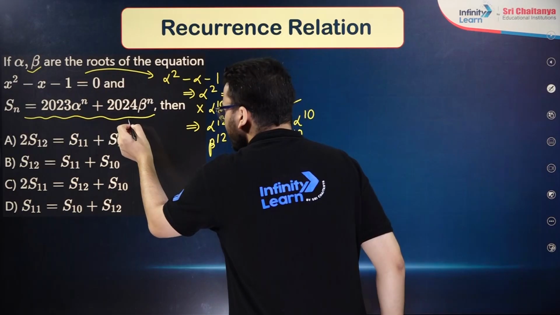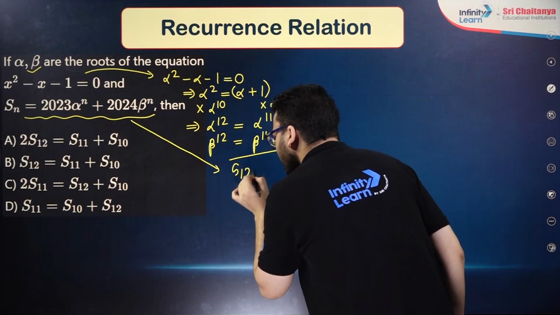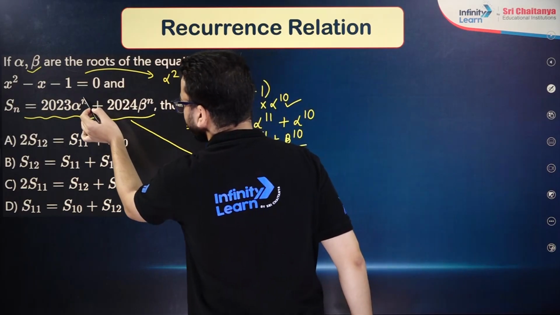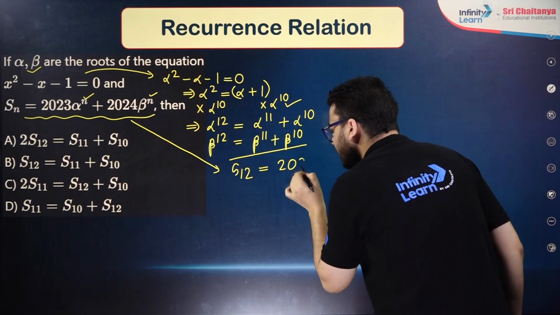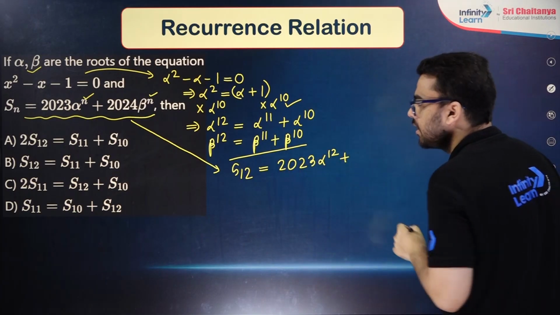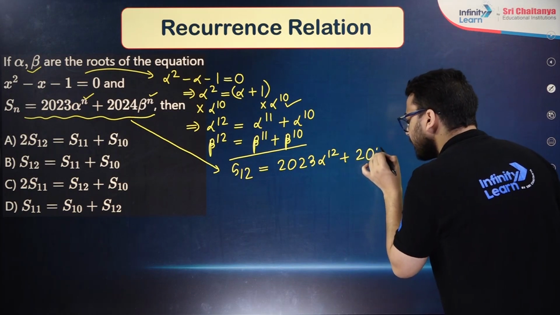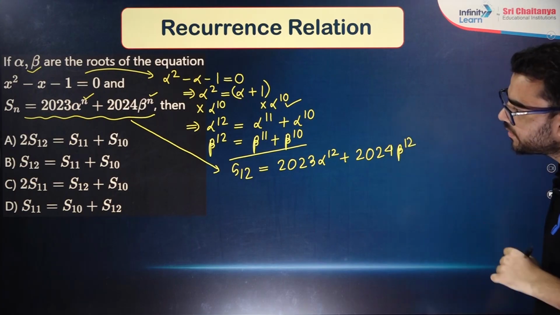Now basically, if you find S12, what is that? S12 will be, in place of n, you have to put 12 over there. So that is 2023 alpha raised to the power 12 plus 2024 beta raised to the power 12. I hope that is clear over here, guys.